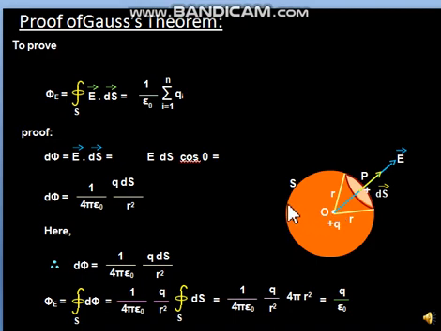For the Gauss theorem, this charge should be enclosed from all the sides. So we have to take a sphere S of radius r, and through this surface S we have to calculate the total flux phi.